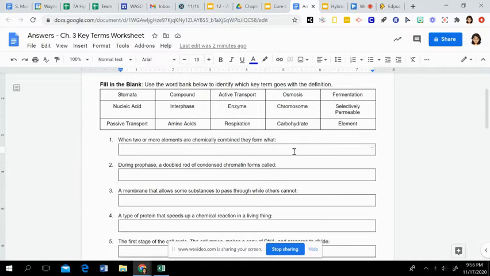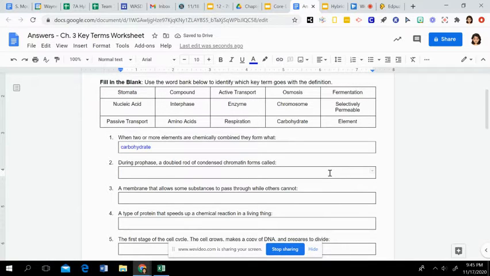This is a compound. Question 2, during prophase, a doubled rod of condensed chromatin forms, which is called a chromosome. 3, a membrane that allows some substances to pass through while others cannot is considered selectively permeable.